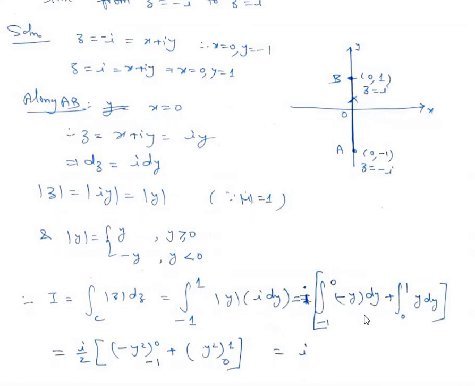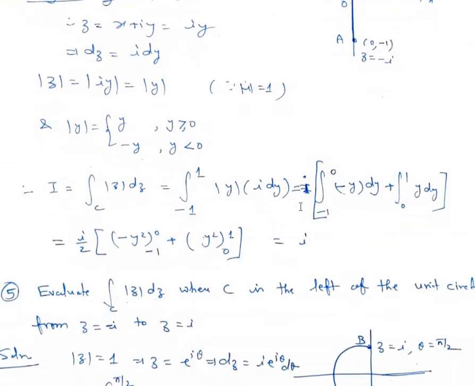And when y is positive, from 0 to 1 mod of y is equal to y. So now integrate it. Integral of this will be minus y square upon 2. Integration of this is y square upon 2. Take 1 by 2 common, so this is i upon 2 times minus of y square, limits minus 1 to 0, plus y square, 0 to 1, and put the limits, we get answer as i.